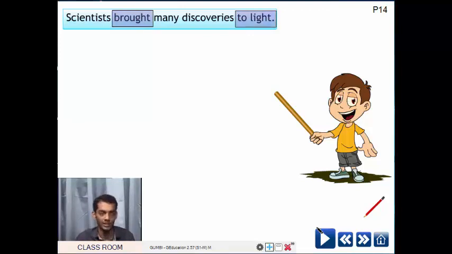Can you guess the meaning? What does the idiom bring to light mean? Scientists brought many discoveries to light. It means disclose something that is hidden or unknown.